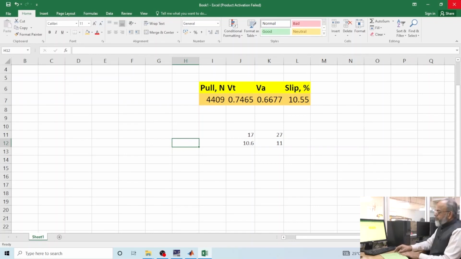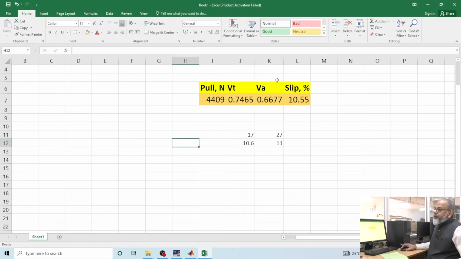Now theoretical speed is known, actual speed is known. To find slip, it is nothing but (Vt minus Va) by Vt, if you denote theoretical velocity as Vt and actual velocity as Va. So, (Vt minus Va) by Vt into 100 will give you slip percent. So, (0.7465 minus 0.6677) divided by 0.7465 into 100 gives a slip of around 10.55%.